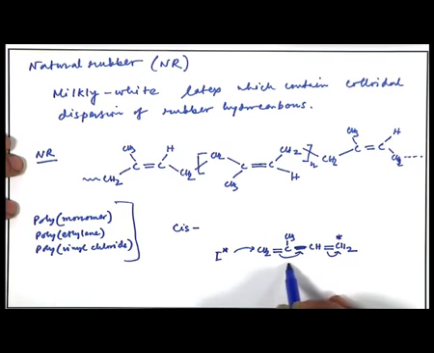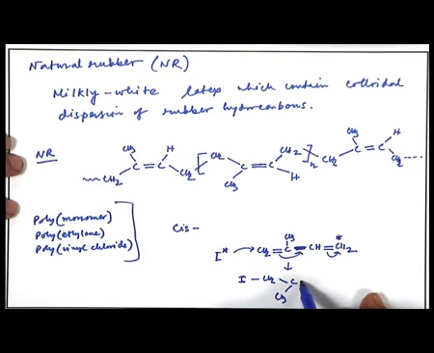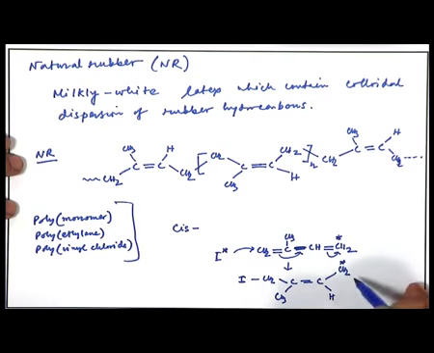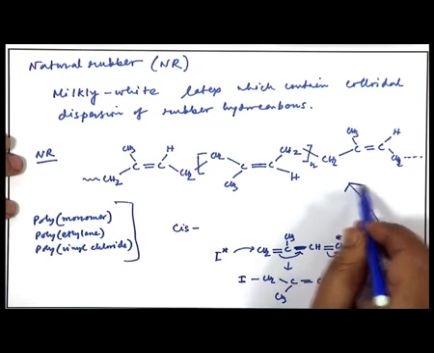So, you get I-CH2. This is the active center, it can react further with this monomer and you can get this polymer.